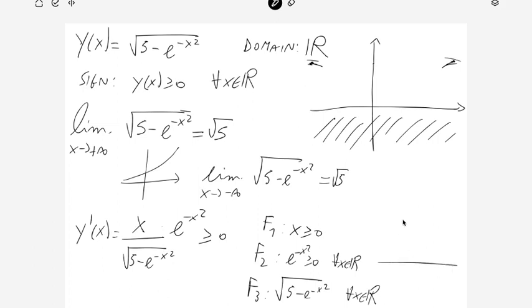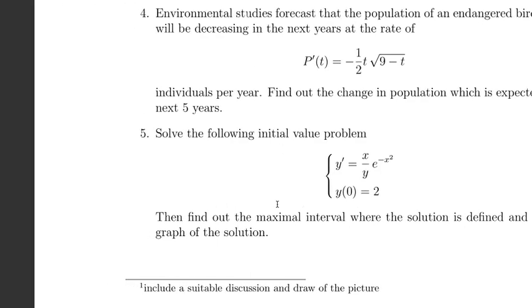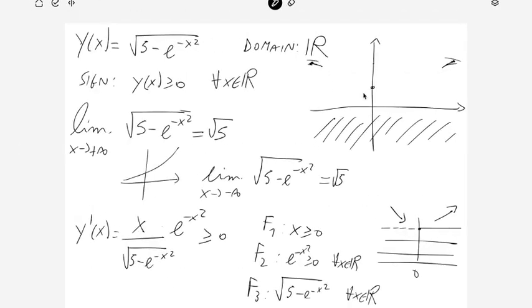So you have negative, positive for the first factor, and positive and positive for the others, so the function is decreasing before 0 and increasing after 0. The function at 0 is equal to 2, we know from here. So this function is 2 here, it decreases here, then it increases, and this is the asymptote.